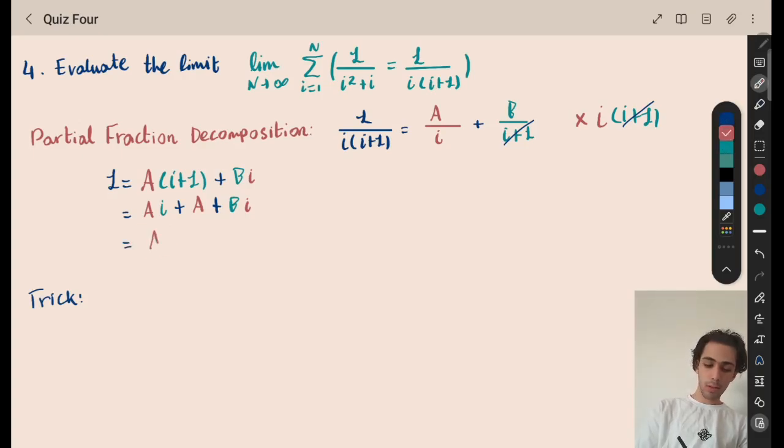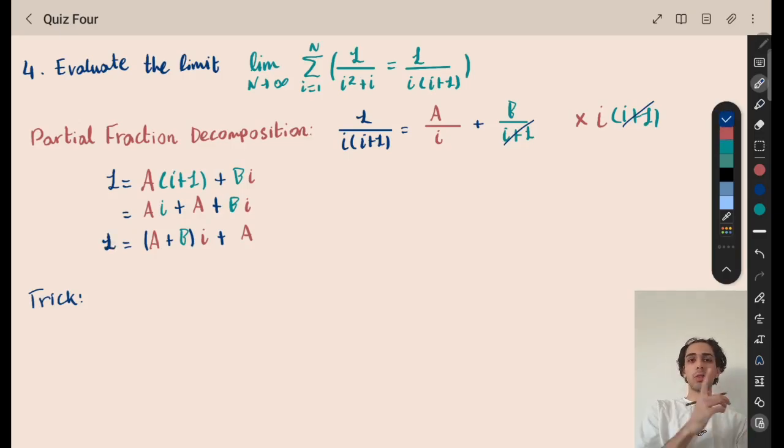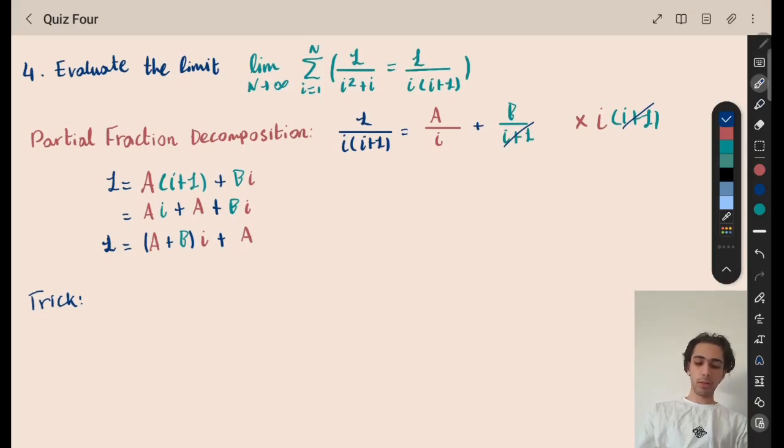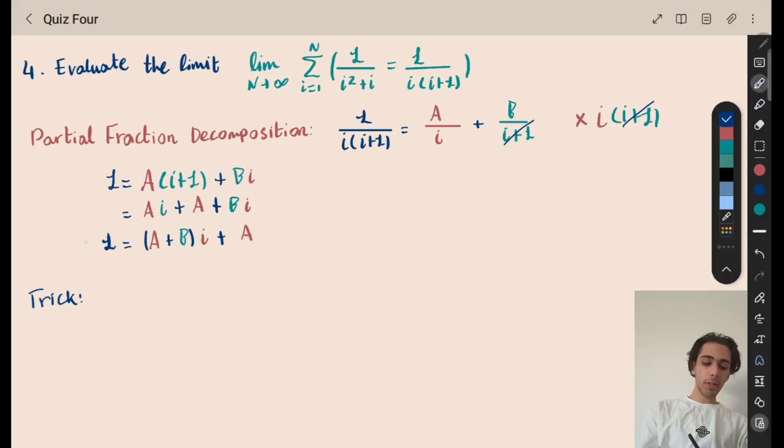So I'll write A plus B, and then we have a factor of I. But then on the side we have an A, which is on its own. Now this is equal to 1. So that is the trick here. Well, actually that's the first trick. We're still going to talk about another trick. Now 1, I can write as 1 plus 0 times I.